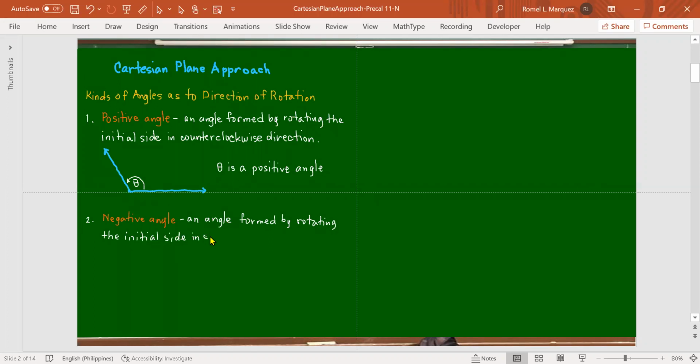In clockwise direction. Clockwise direction means the same direction as the movement of the hands of a clock.